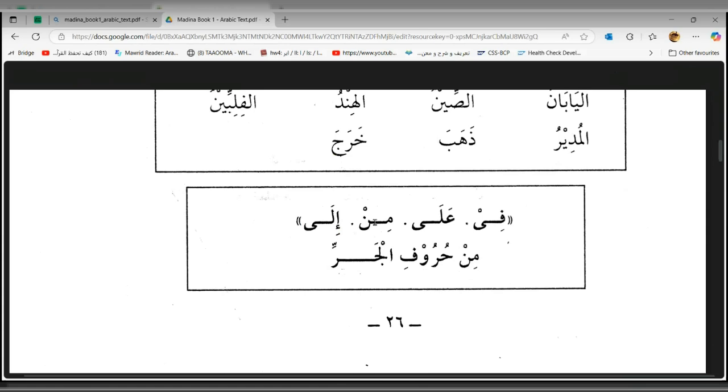Min al-Yaban, from Japan. Ila Syria, to Syria. Ila America, to America, and so on. So these huruf al-jar, there are many of them, but in the previous lesson we just introduced a couple of them. But you will see more and more of them as we make progress, inshallah.